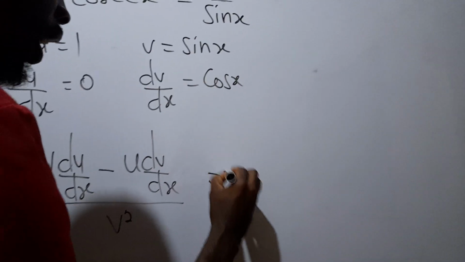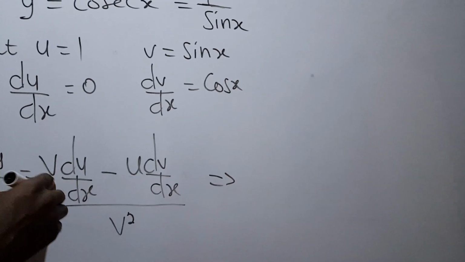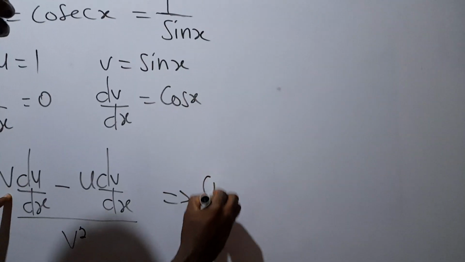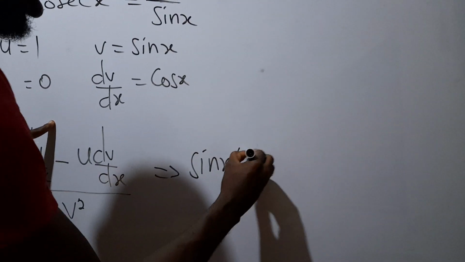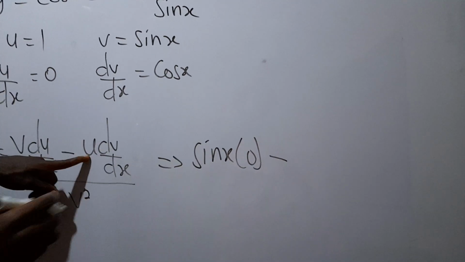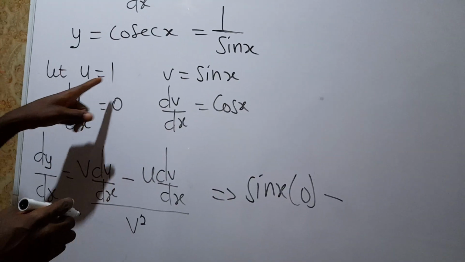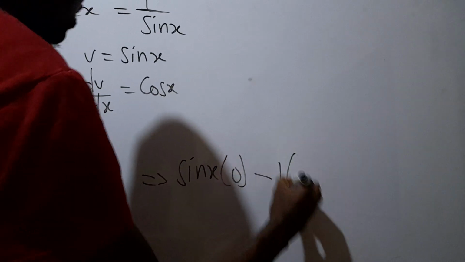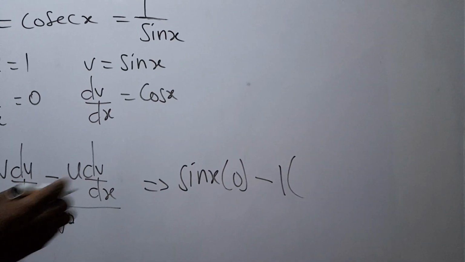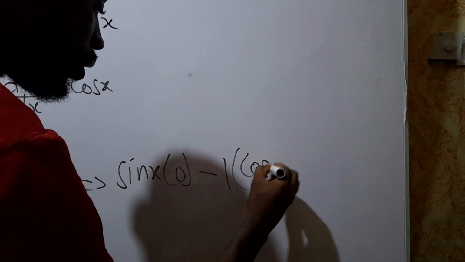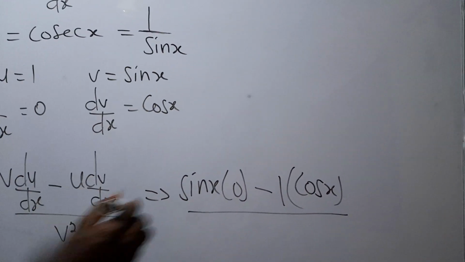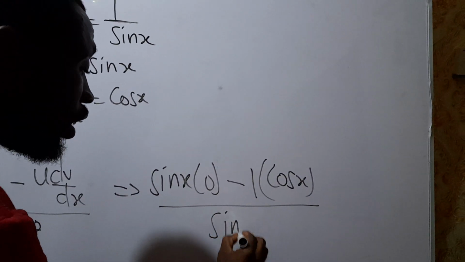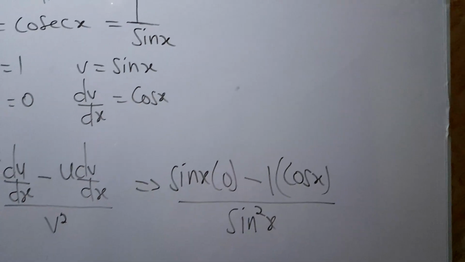Now this implies that, what's our v? V is sine x. So sine x times du over dx, which is 0, minus u, which is 1, times dv over dx, which is cos x, all over v squared, and v is sine x, so sine squared x.